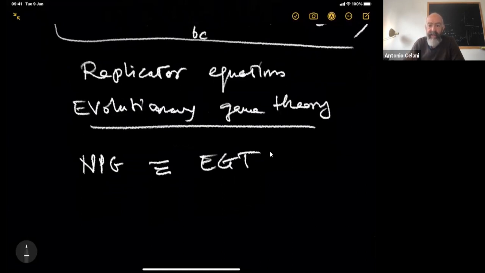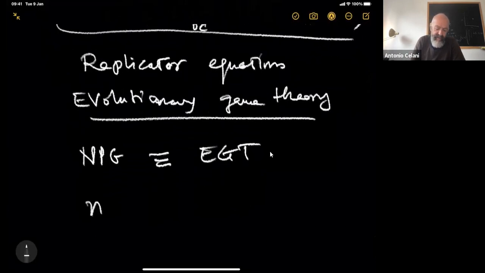The last thing, this was done in the model-based case. So what about the model-free case?